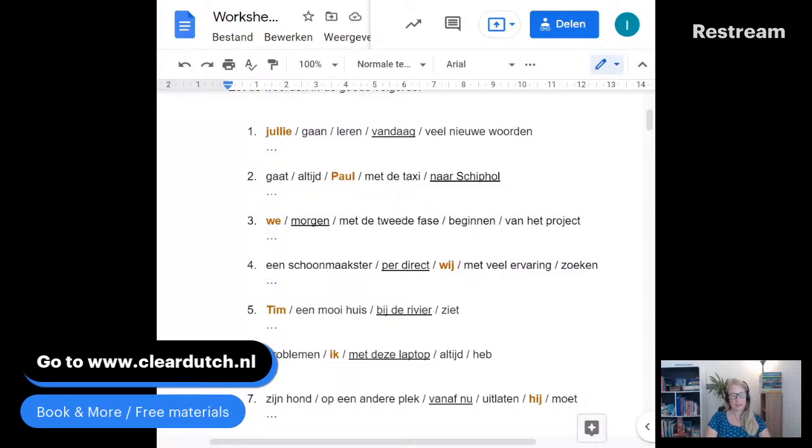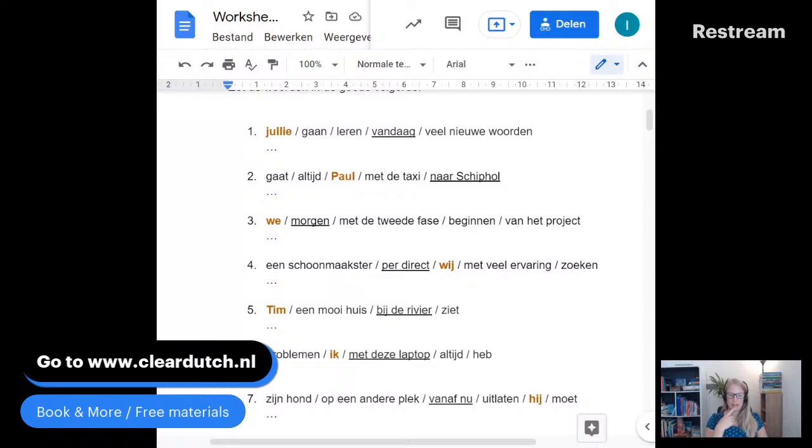You can make it with inversion: per direct zoeken wij een schoonmaakster met veel ervaring. So this means as of today we are looking for a cleaner with a lot of experience. If you're a beginner, I think there might be some difficult words in here, but don't let that distract you. You can always look them up if you don't know them.